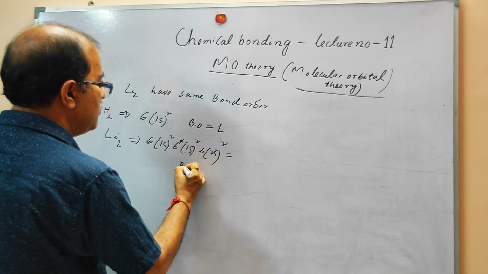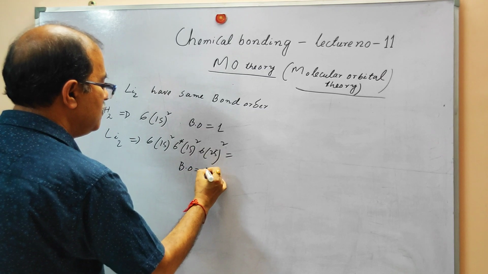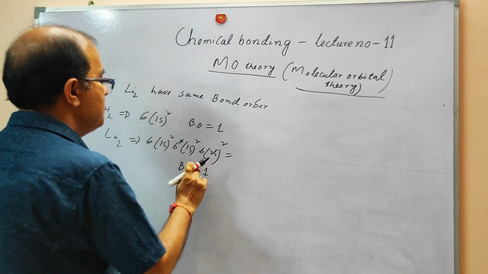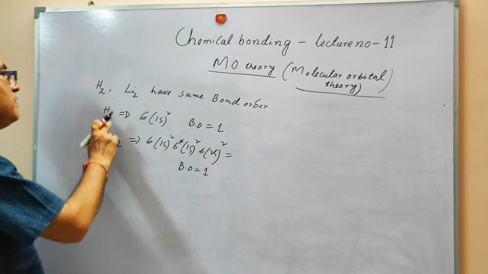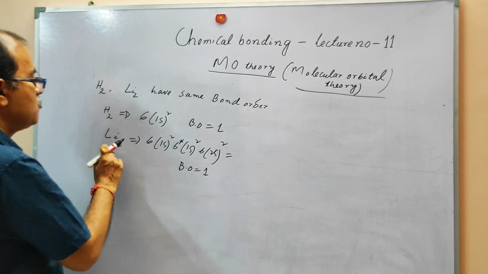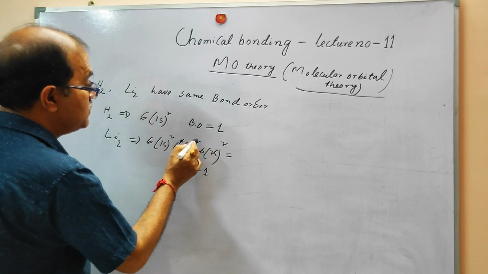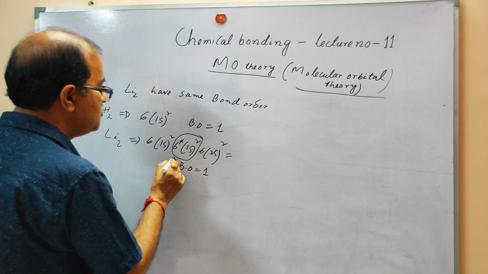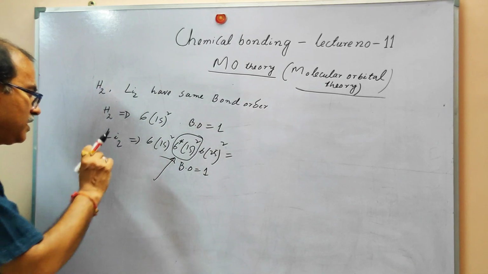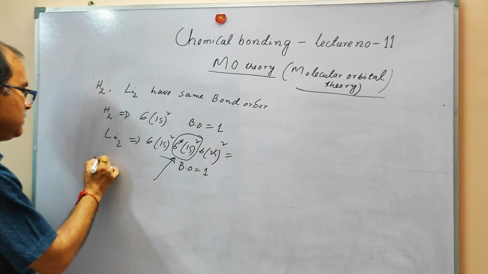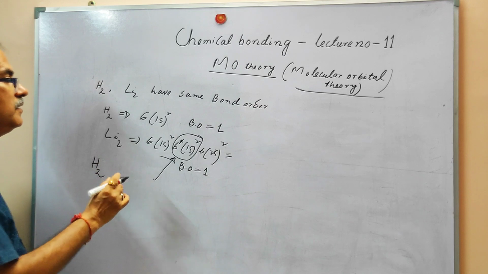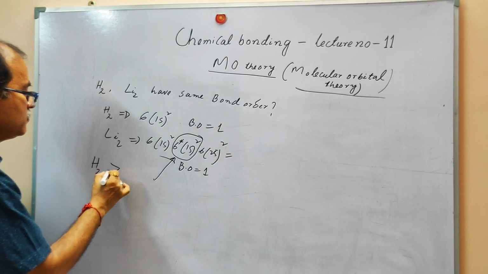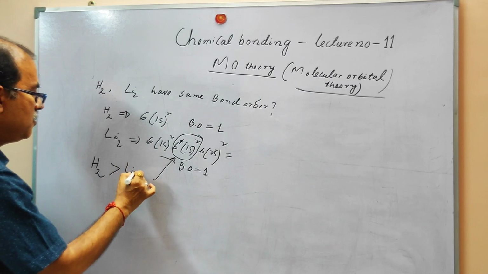So this bond order will be 1. In spite of the same bond order, the stability of the hydrogen molecule is much more compared to lithium, because in lithium there is a presence of electrons in the anti-bonding molecular orbitals. This type of question may come in the exam: the bond order is the same, but what about its stability? So the stability of hydrogen will be greater than the stability of lithium.